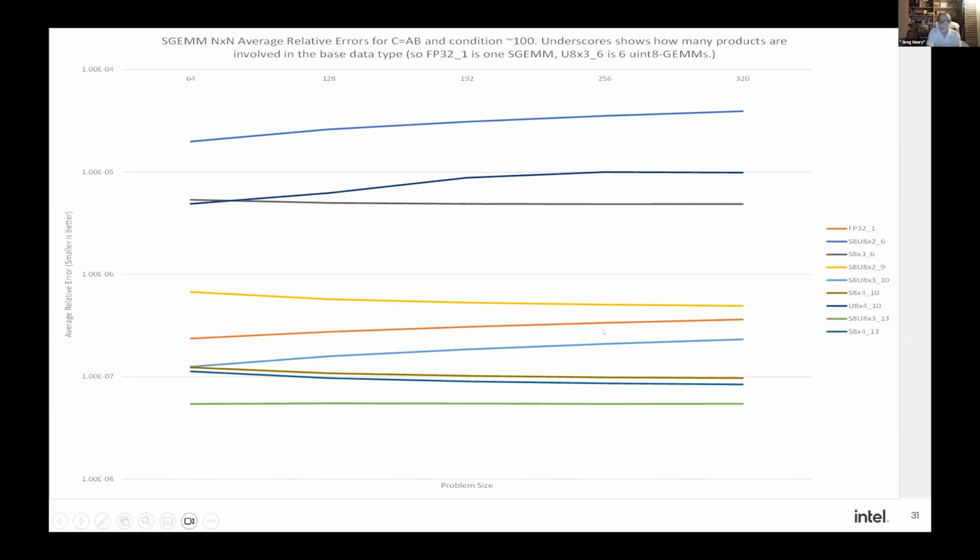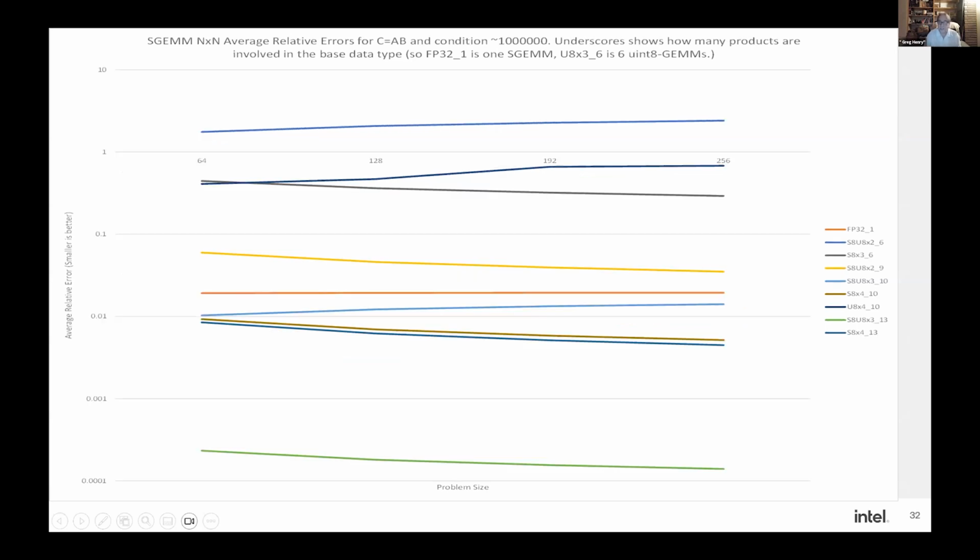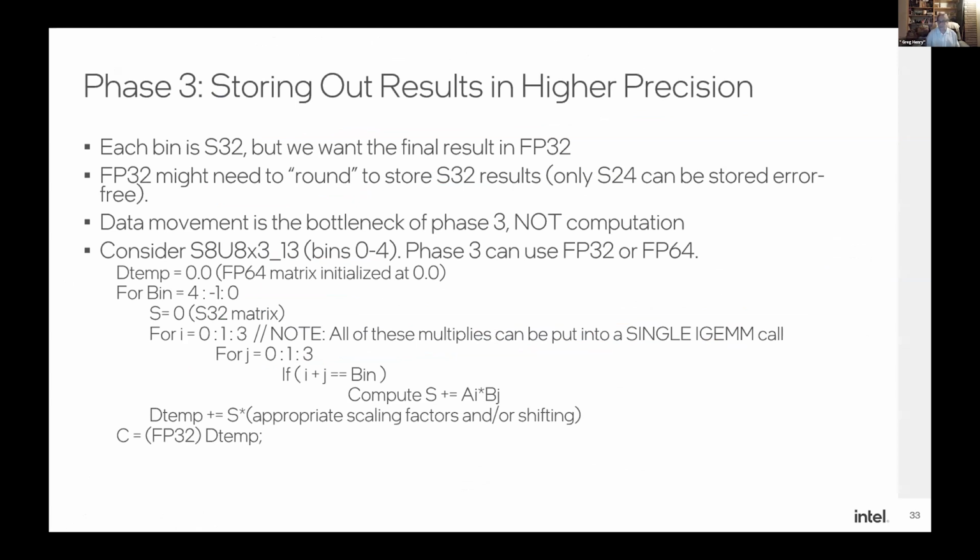I believe the orange line is single precision, and this is overall accuracy. I wanted to do this on low conditioned and high conditioned because the results change. Some of the results that have a large number of splits start doing really well. The ones that didn't have as many multiplies tend to do really badly as you increase the time. So you can sort out the results in higher precision. It turns out this doesn't really help a lot, but you can.